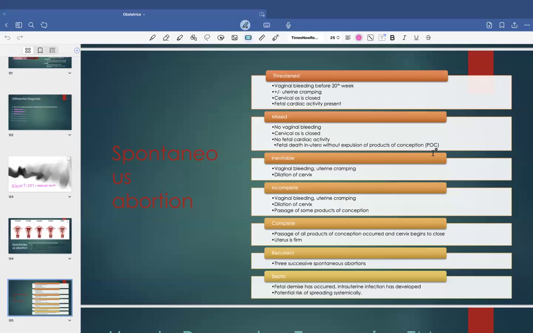Unfortunately, there is a fetal death in utero, but the baby is still in the uterus. No expulsion of products of conception. There may or may not be symptoms. They call it missed or silent, so you may not even know. All of these are before 20 weeks.